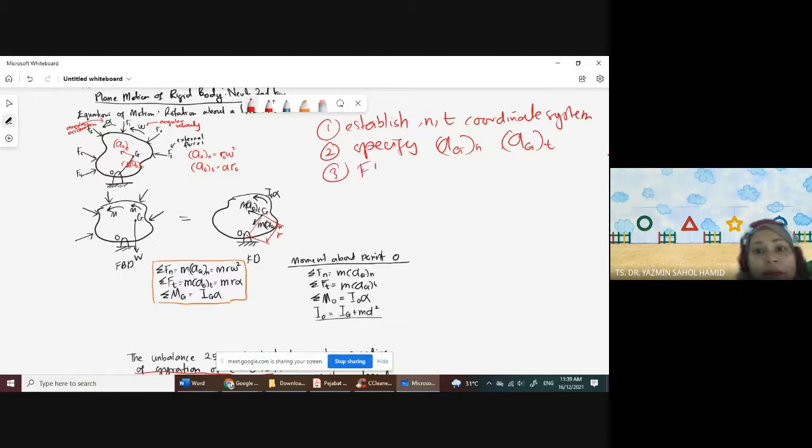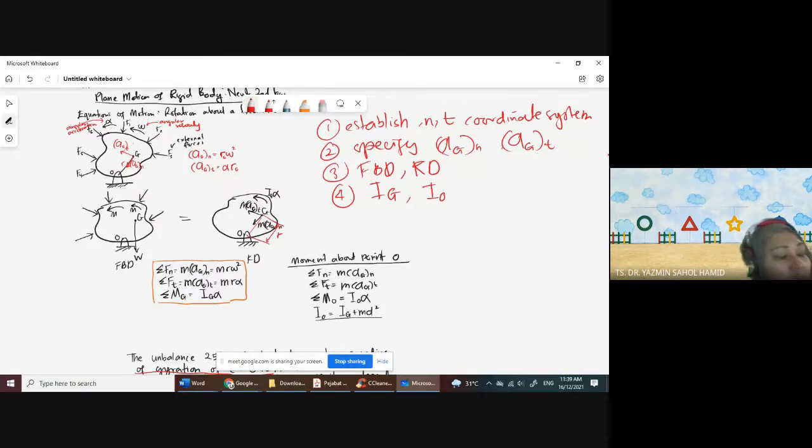Okay, we will draw the free body diagram and then kinetic diagram as well together. And then we also determine moment of inertia. If it takes moment of inertia at point G, senang je lah. Kalau take moment of inertia at point O, formula dia berlainan lah. Ada additional md square atau mr square lah.